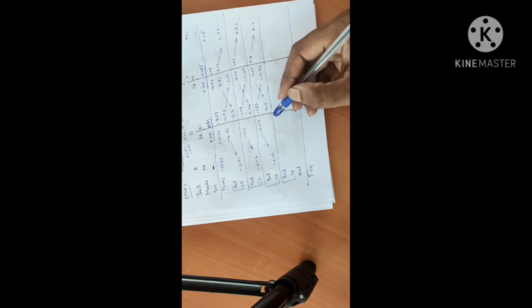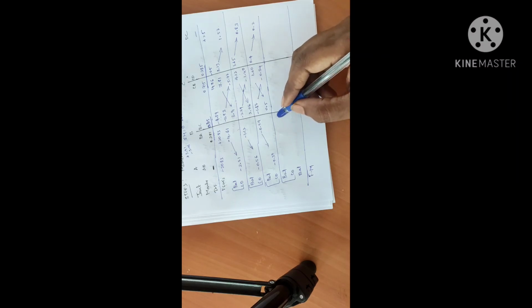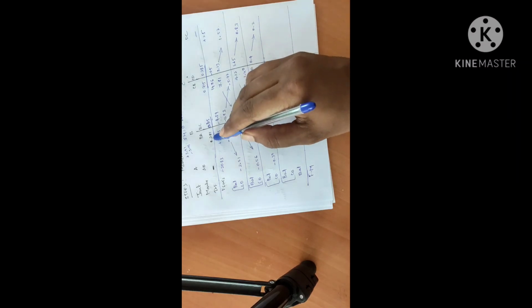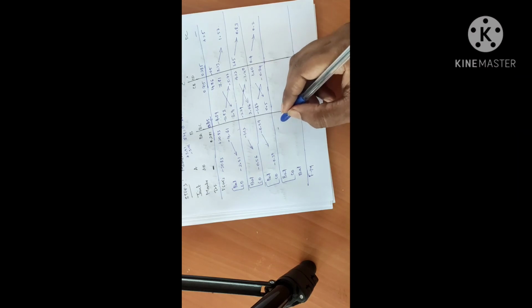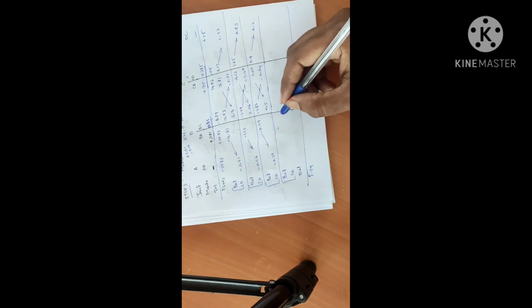In the same way, for the last cycle, 0.5 is the unbalanced moment remaining. If you need to balance it, it will be minus 0.5. It is an iterative and lengthy process for this table, but once you start doing it, you will find it easy.